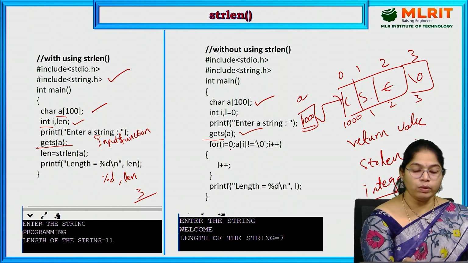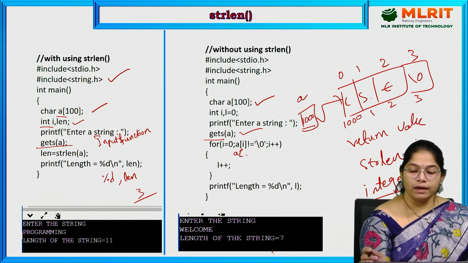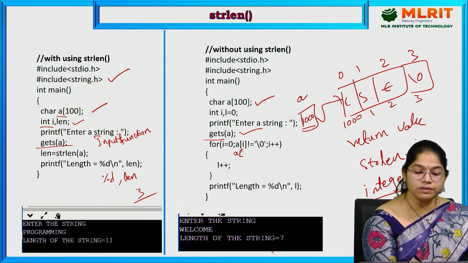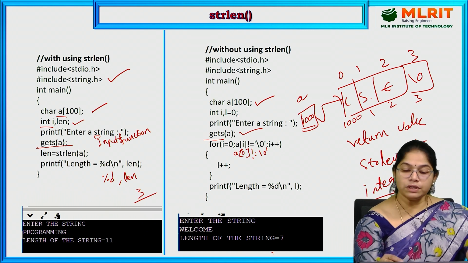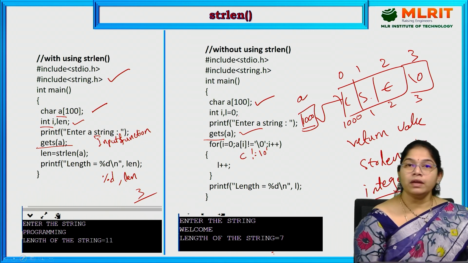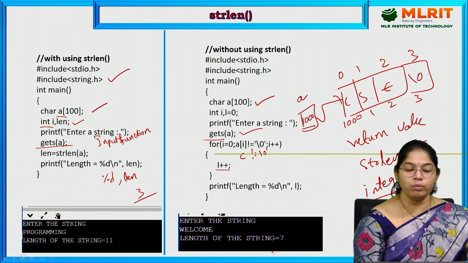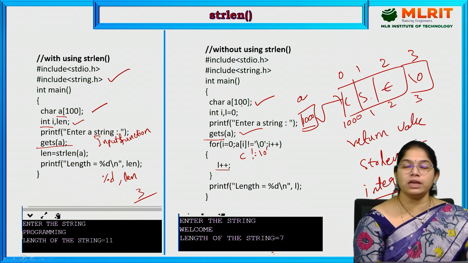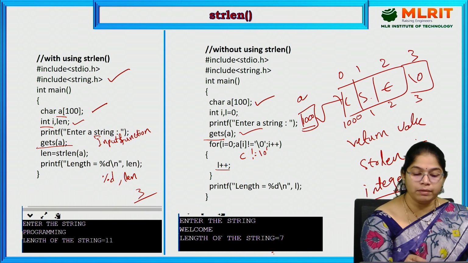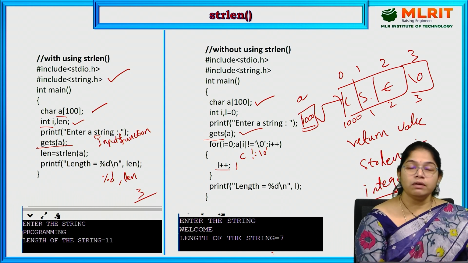Now for i equal to 0, while a[i], that is a[0], is not equal to null. In a[0] we have C. Yes, C is not equal to null. If this condition is true, L has to be incremented by 1. L was initialized with 0, and now it becomes 1.